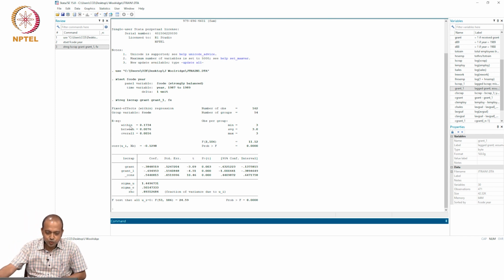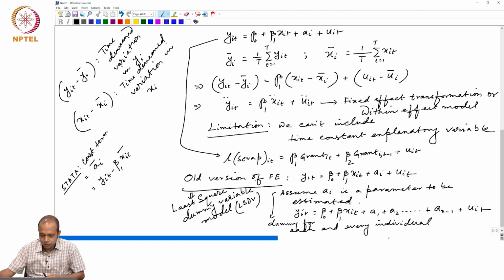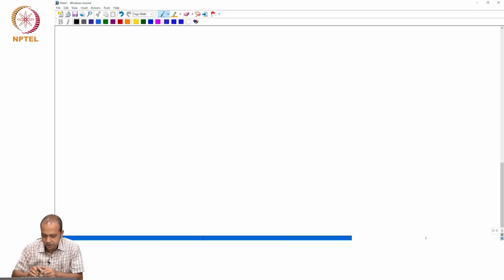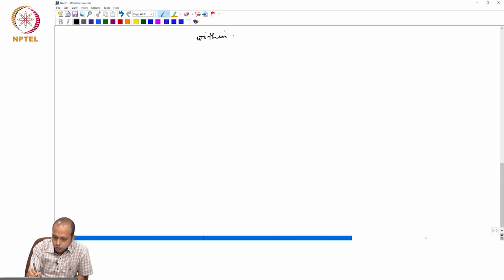The first R square is called the within effect R square, or within R square. What is this within R square?